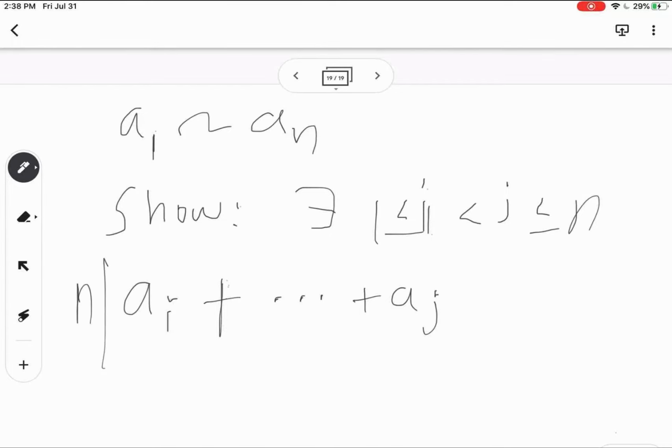And we want to use the same thing as before with mod n and the pigeonhole, right? But here, if you notice, this would be n choose 2 possibilities, right?